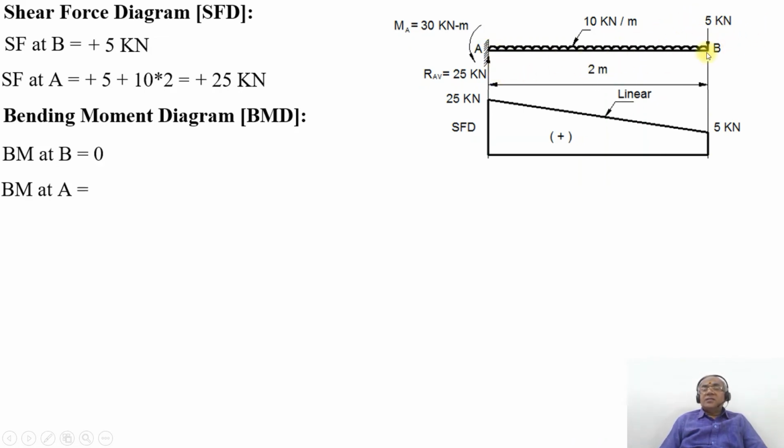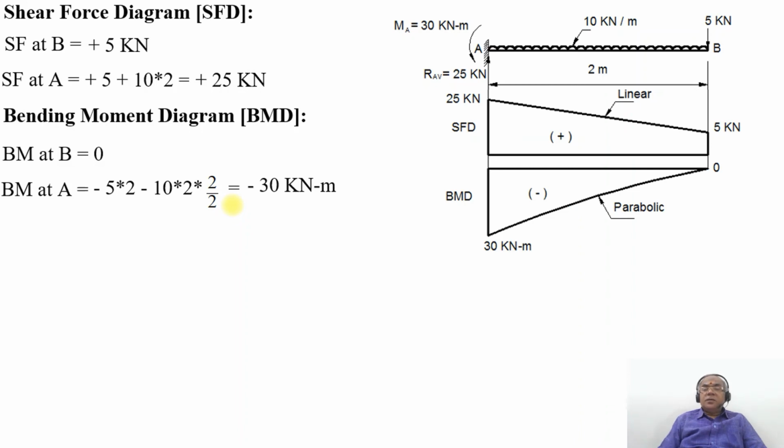As the load is acting downward, the beam tends to bend in the downward direction. It becomes hogging, so by convention, it is negative. So minus 5 into 2, minus 10 into 2 into 2 by 2. On simplification, you will get minus 30 kilonewton meter.